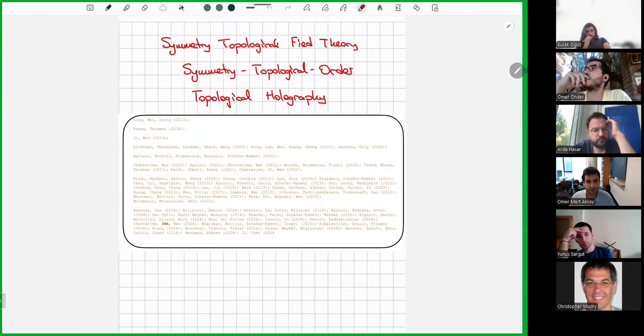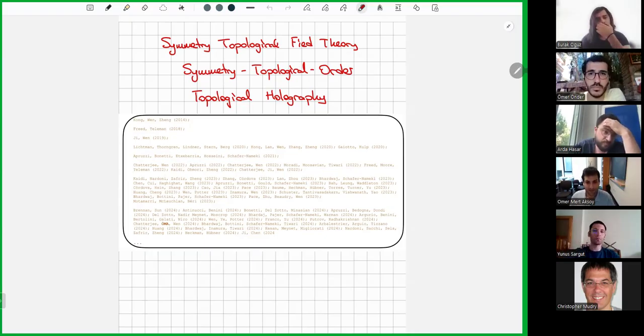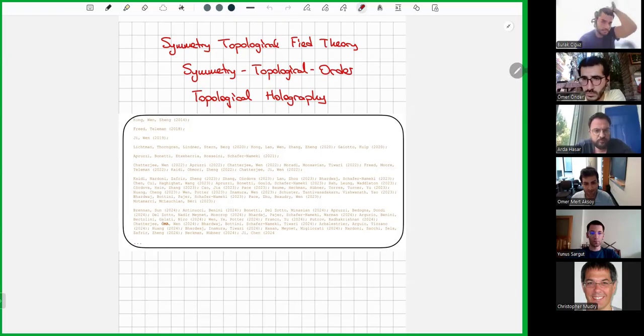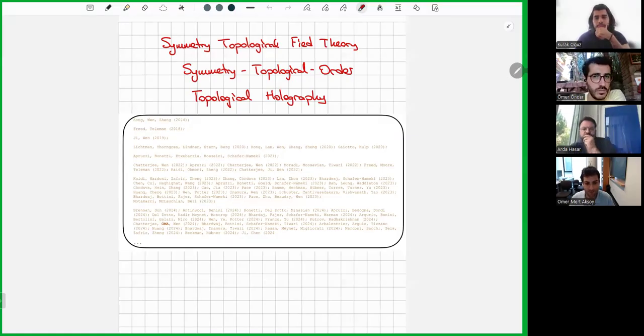So SymTFT is a framework that's also called symmetry topological order, also called topological holography by different people in the community. It's been a very fruitful line of research. The number of references are growing every year. This is actually a slide that I stole from Sal that has semi-complete references up to 2025.